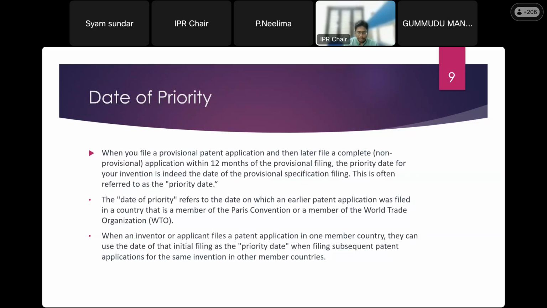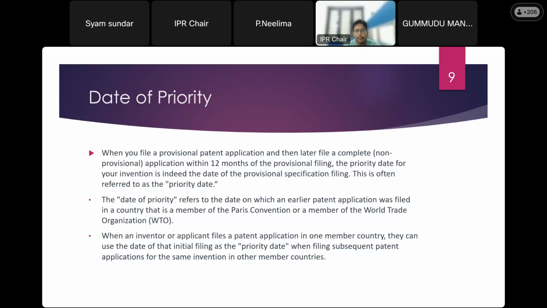In that case, rather than waiting for your invention to be completed fully, you better go and file a patent, because India follows the first to file process. Whoever files the application first, those people will be given the priority. So first to file we follow.